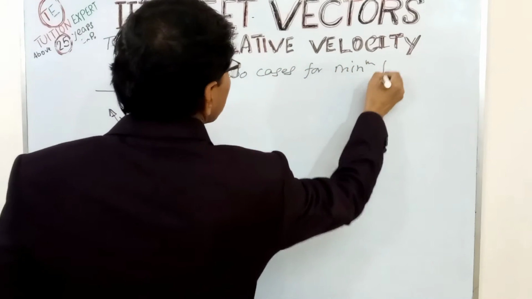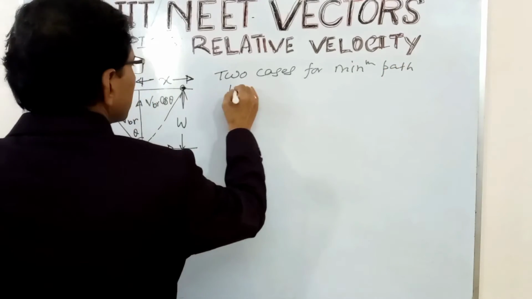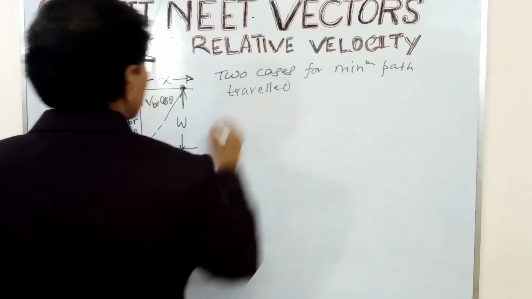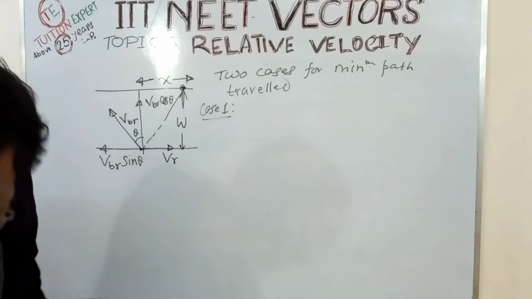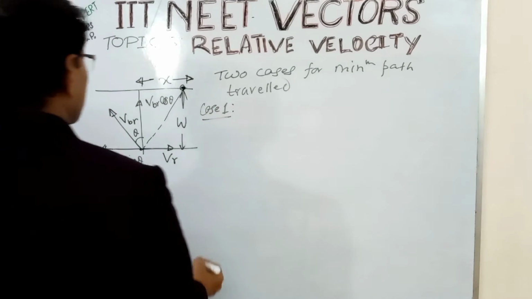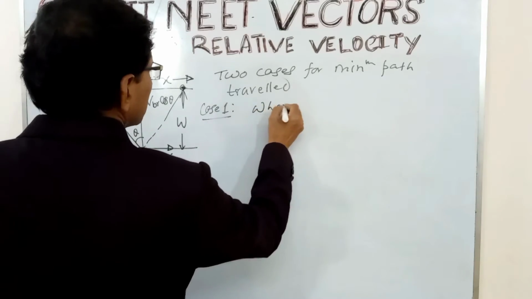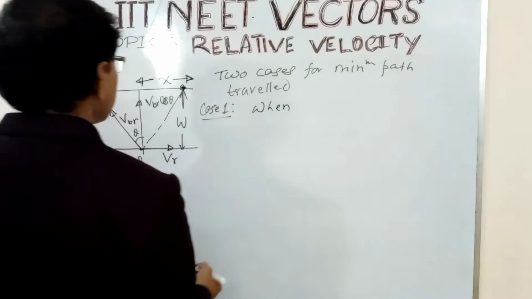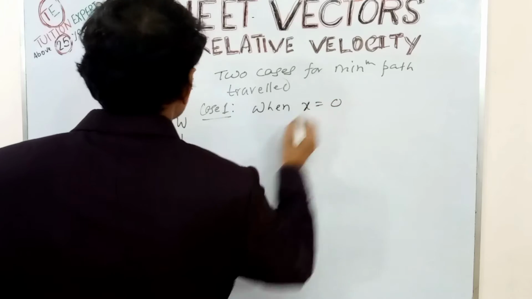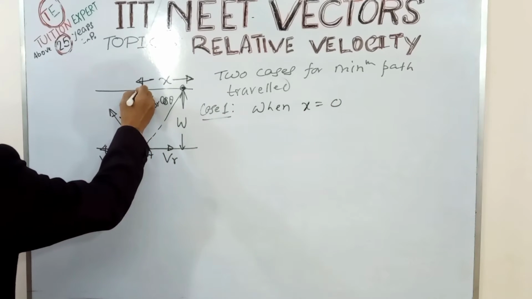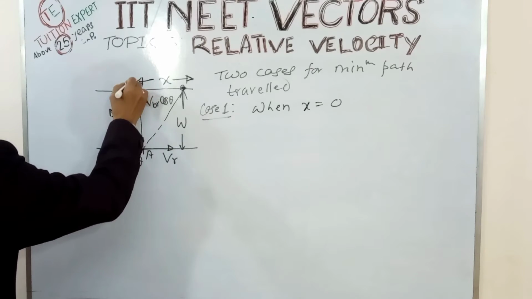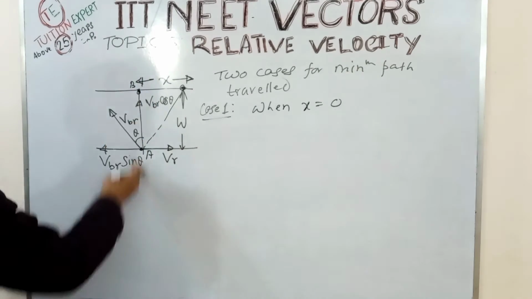For minimum path traveled, case 1, when x is 0, that is the boatman starts from this point and directly reaches this point, that is the shortest path.